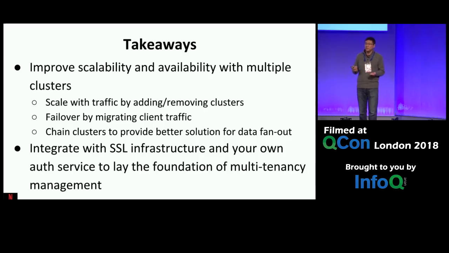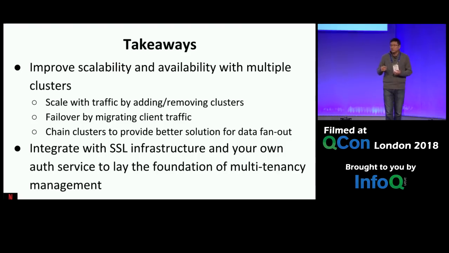And specifically, if you hit a bottleneck of scalability and availability from a single cluster, try to scale with multiple clusters. That will give you a lot of benefits, like being able to scale up and down with traffic by simply adding and removing clusters, doing failover by migrating client traffic.